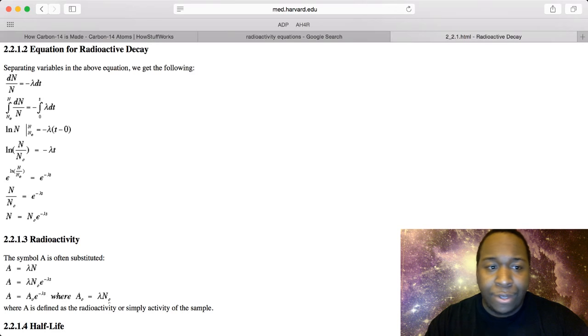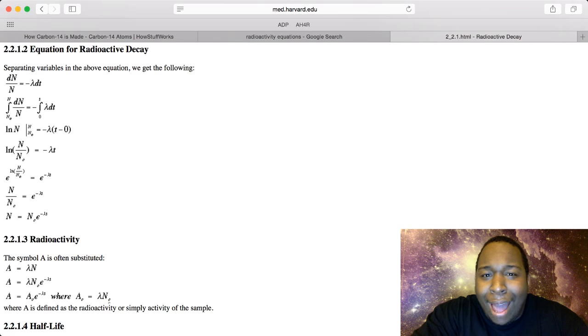So the very first thing I want to do is, well, we're going to first start off by figuring out exactly, because you can use carbon dating to get the age of a particular thing, right?